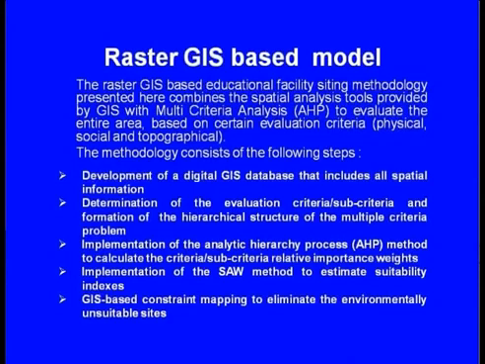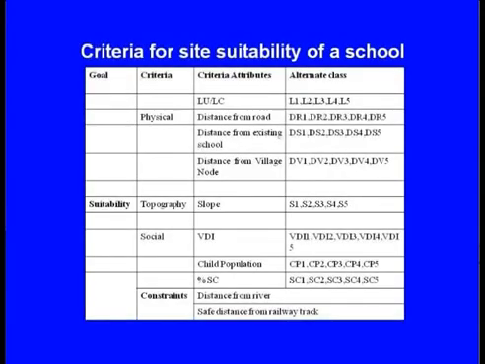educational siting methodology. The criteria for site suitability of a school is based on the physical topography and social aspects, providing certain constraints, that is, the school should not be very close to a river or it should not be very close to a railway track.